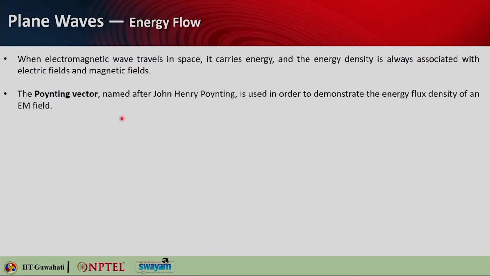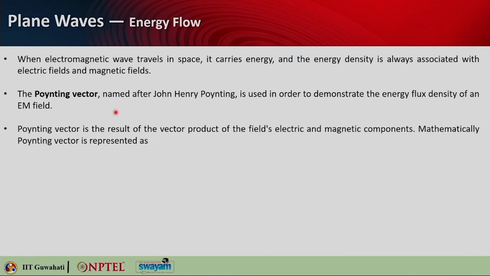There is something called the Poynting vector, named after John Henry Poynting, and this vector is used to describe the energy flux density of an electromagnetic field. The Poynting vector is the result of the vector product of the electric and magnetic fields. So mathematically you can write it as P equals E cross H.